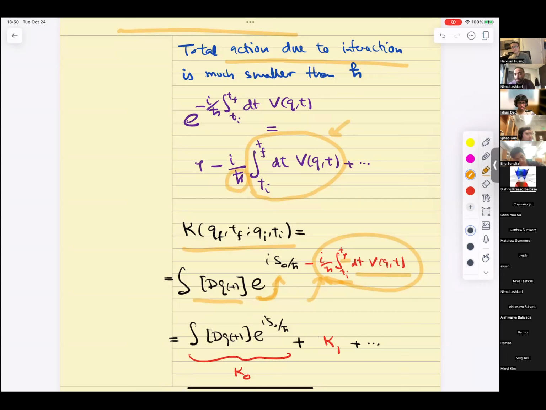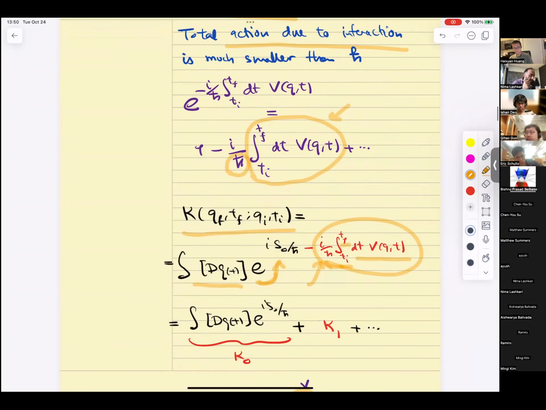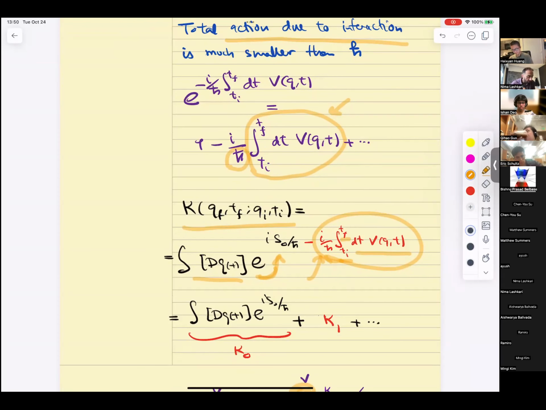H bar has units, right? So it has to be small in units of h bar. What are the units of h bar? Does anyone know? It's the units of action as well. Joule seconds. Yeah, well, what other quantity in physics has those units? Angular momentum. Lovely, thank you. So it's basically units of angular momentum. That's the approximation we're dealing with, right?